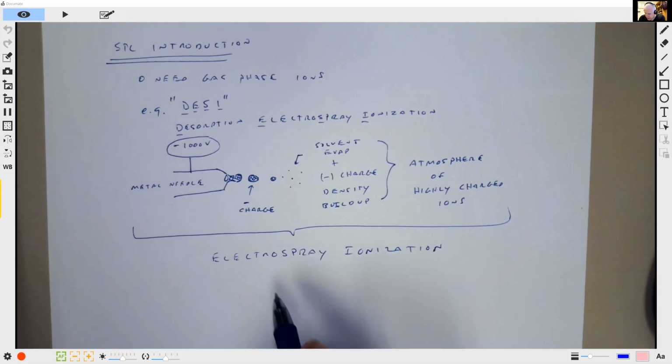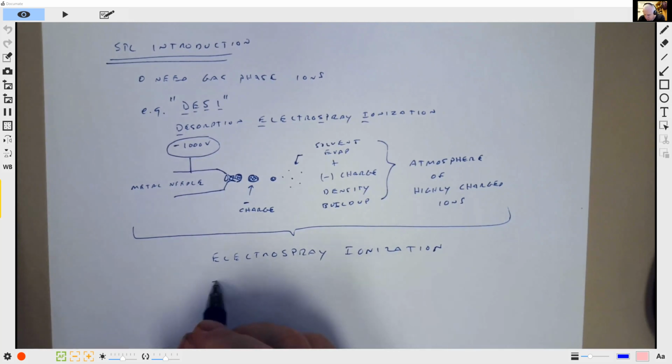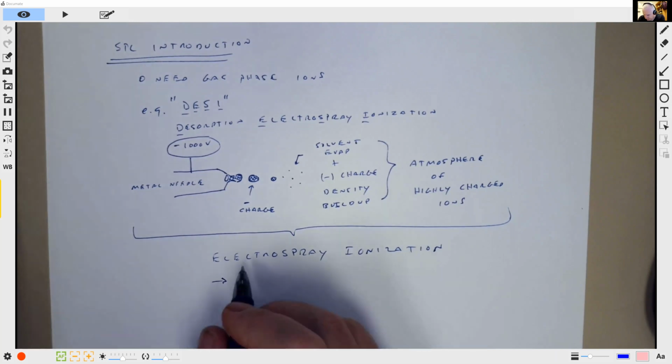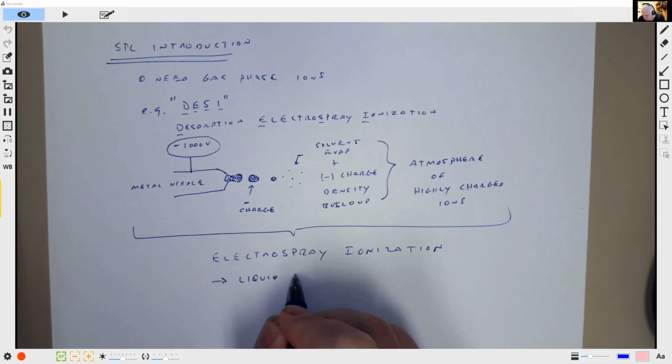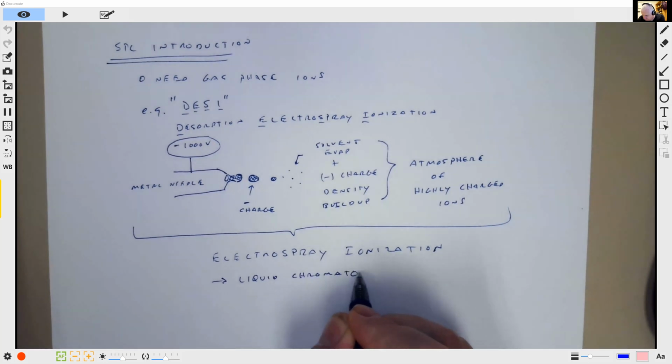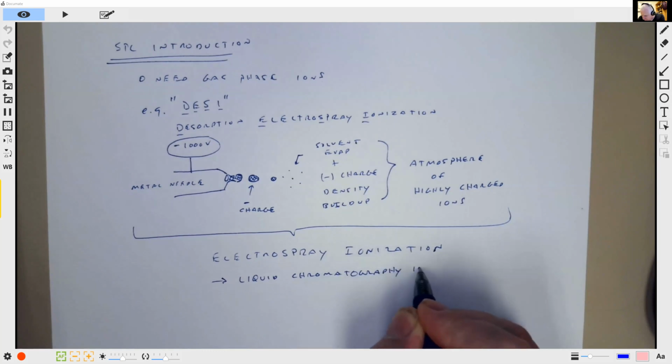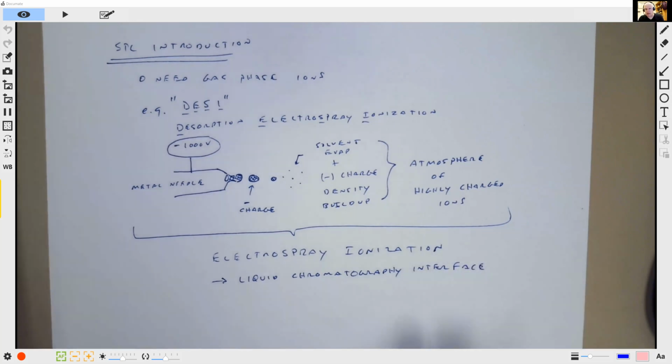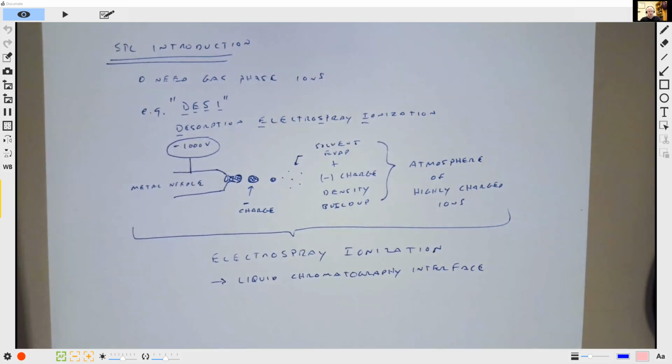So let me just do electrospray ionization. This is basically how you do LCMS, right? So this is the liquid. And that's how you get liquid chromatography to talk to a mass spectrometer, is you do electrospray ionization.